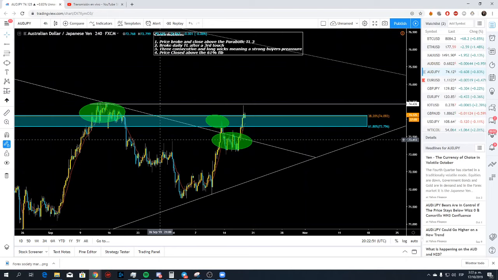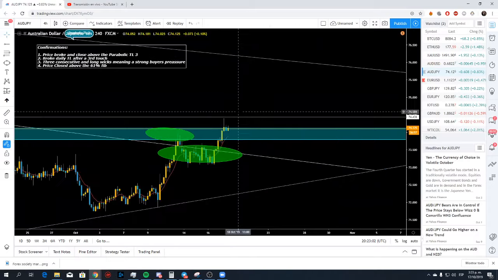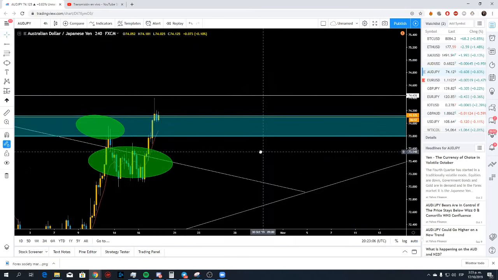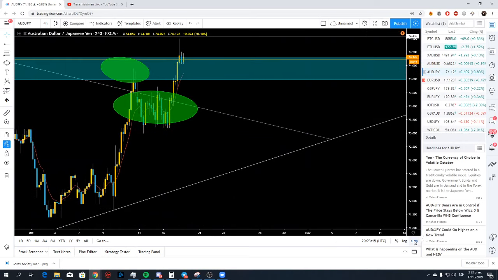So we got this 38 close. Seems like price is just ranging right now. It's just ranging, but it's still holding right above that 38.